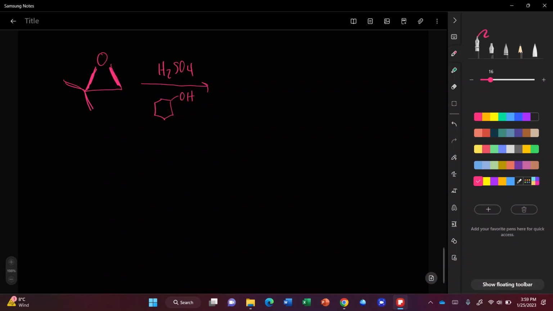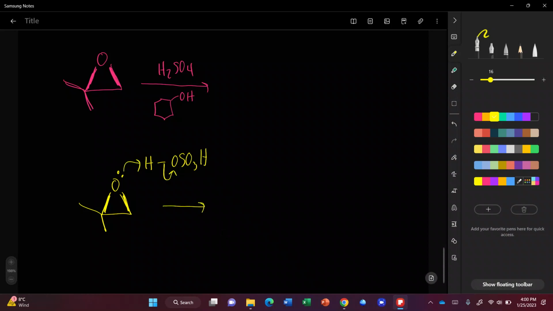Let's talk about the mechanism for what would happen here, really thinking about the regiochemistry and the types of mechanisms that are going to go on. All right. So I have my epoxide. Okay. So we know that the epoxide is nucleophilic. The first step of this acidic-based mechanism is just going to be protonation of the epoxide.